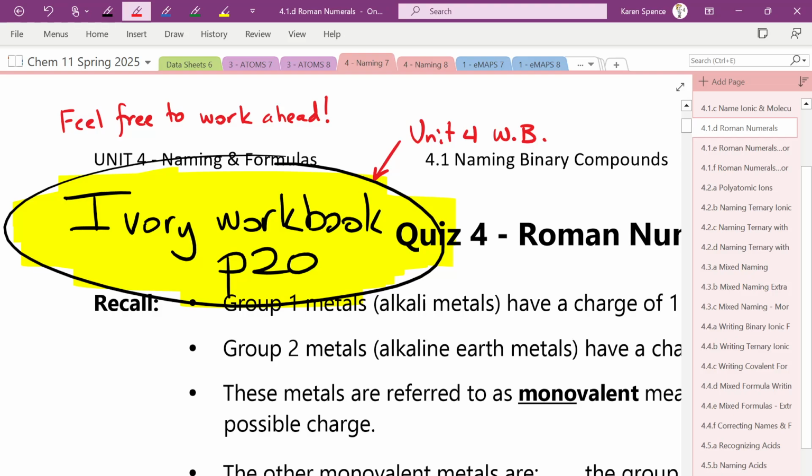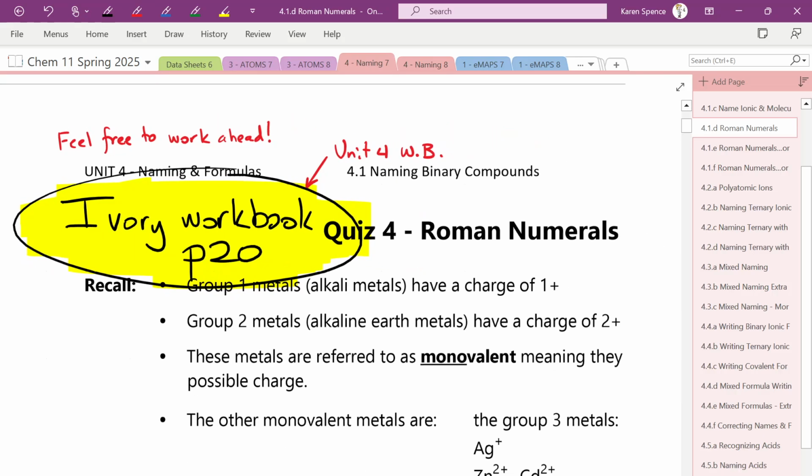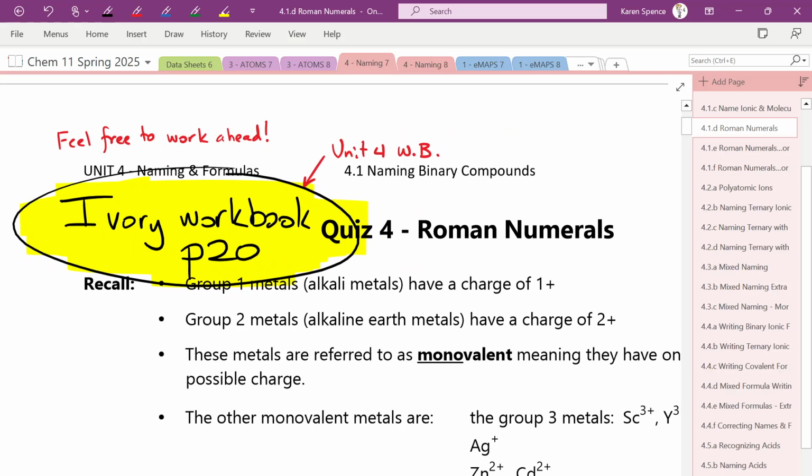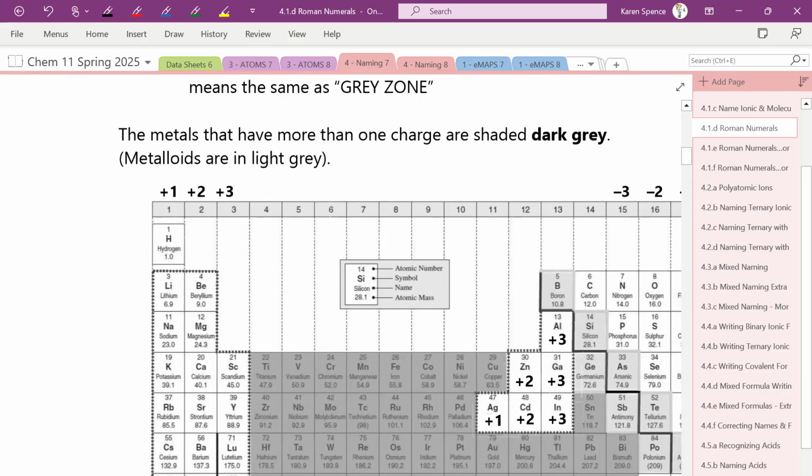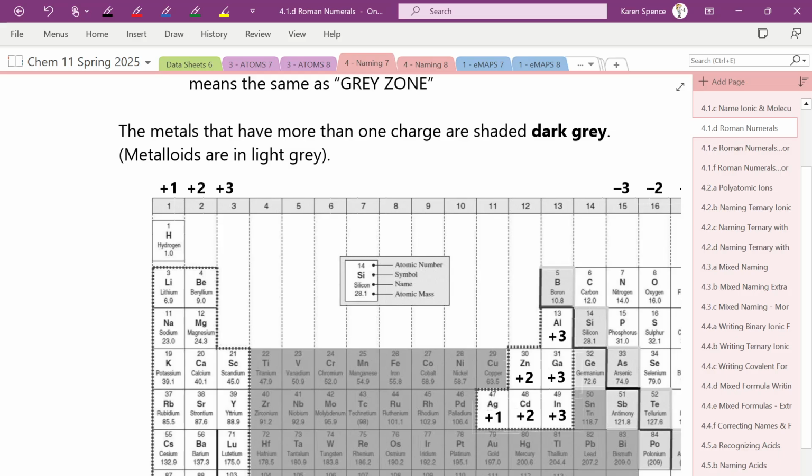Okay. So we are in our Ivory workbook. We are on page 20. And if you remember correctly, on our periodic table, we know that the charges are as easy to remember as 1, 2, 3.